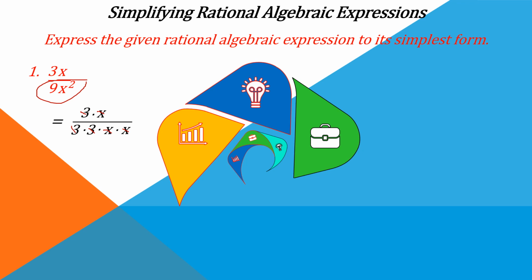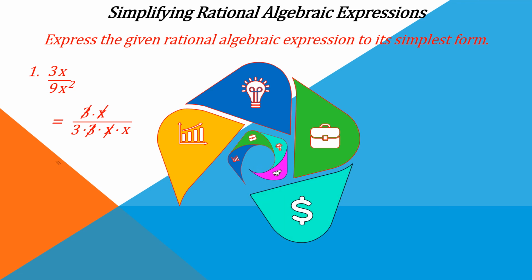Then the next step is to cancel out the common factors. We cancel 3 and x of the numerator and 3 and x of the denominator. When we cancel them, we can substitute 1 divided by 1.